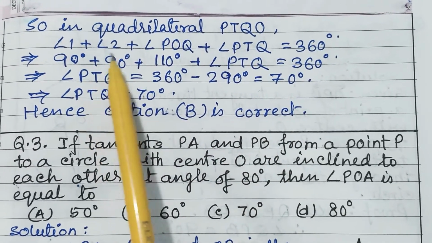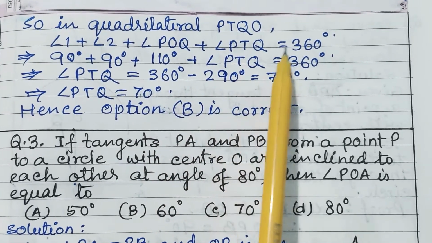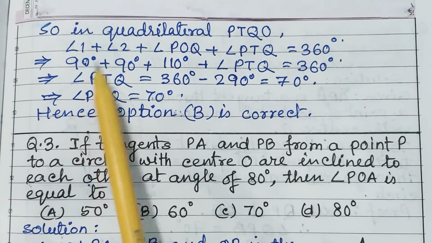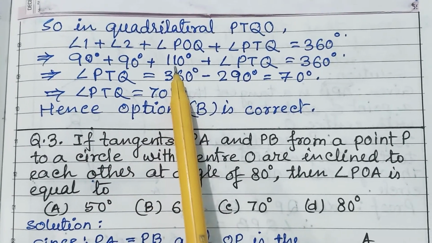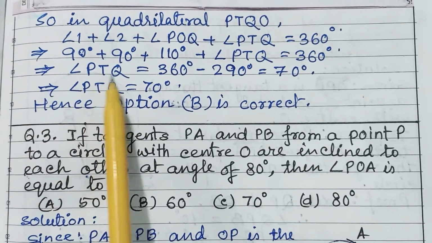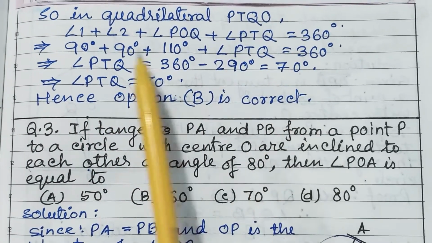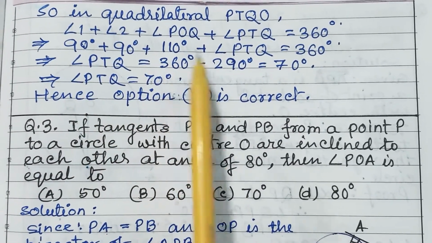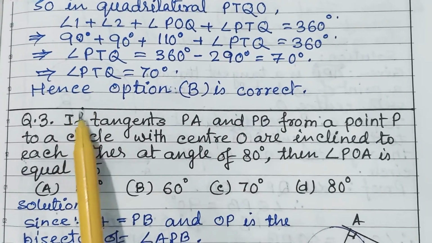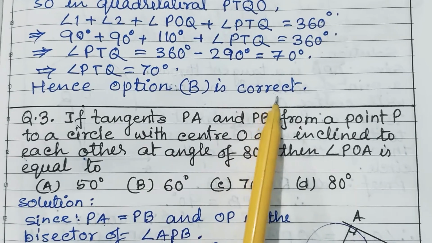We know the sum of four angles of a quadrilateral is 360 degree. Now you substitute: it is 90 degree, 90 degree, 110 degree, and PTQ is equal to 360 degree. Therefore, PTQ is equal to 360 minus the sum of these, 290, is equal to 70 degree. So hence option B is the correct option.